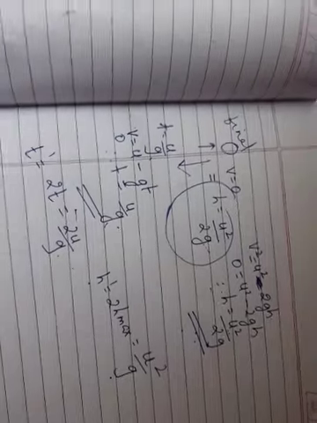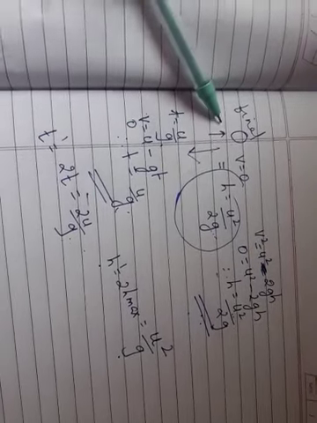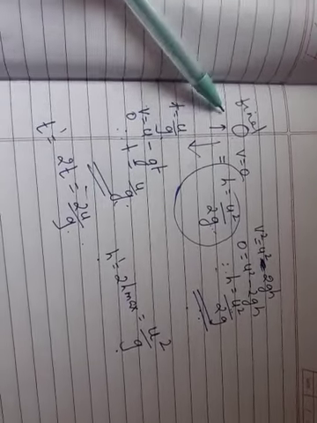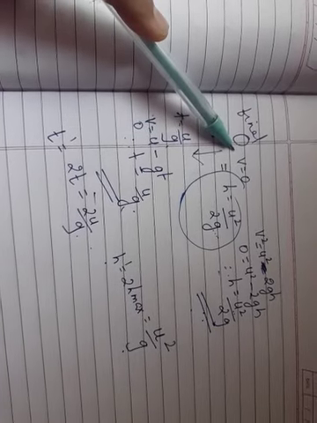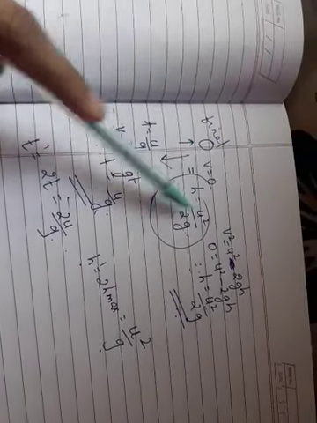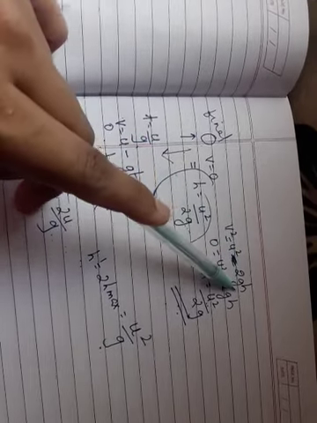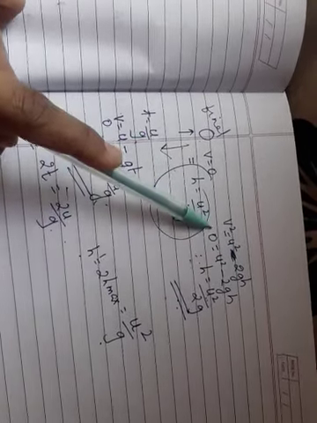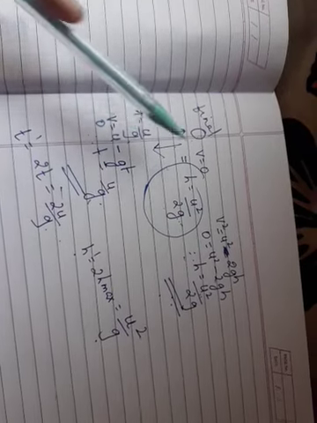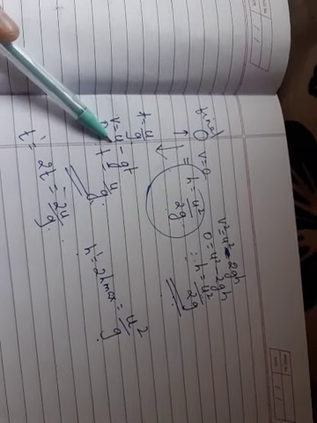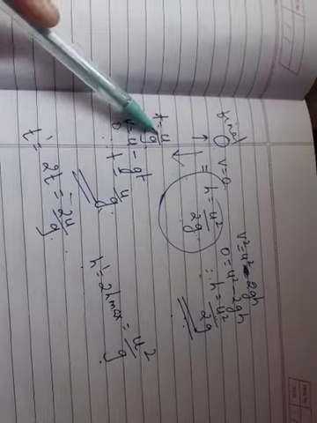So once again I will tell you what we are doing. When the body is thrown upwards and has reached the final point, v becomes 0. So here the height will be u square upon 2g. How? By using the kinematic equation v square equal to u square minus 2gh. You just put v as 0 and solve it. And time will be what? From v equal to u minus gt, t is nothing but u by g.